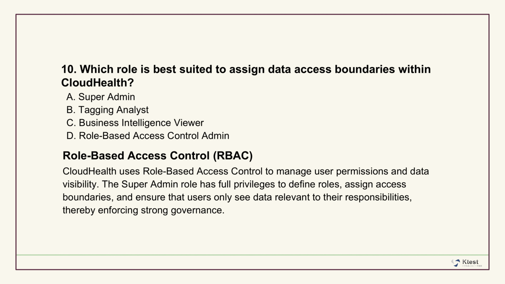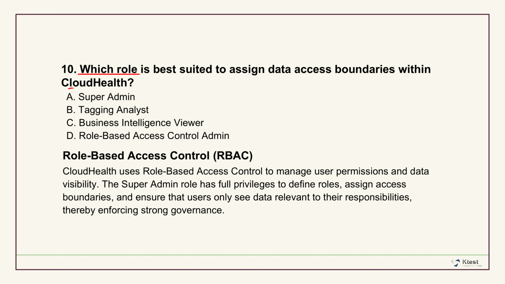Okay, one last area. Controlling access within CloudHealth itself. If you have different teams or users, how do you make sure they only see the data or use the features they're supposed to? The source points to the concept of role-based access control, or RBAC. RBAC, right. And the explanation specifically mentions the superadmin role in the context of setting this up. So the superadmin is the gatekeeper, essentially. Yes, according to the source's explanation.